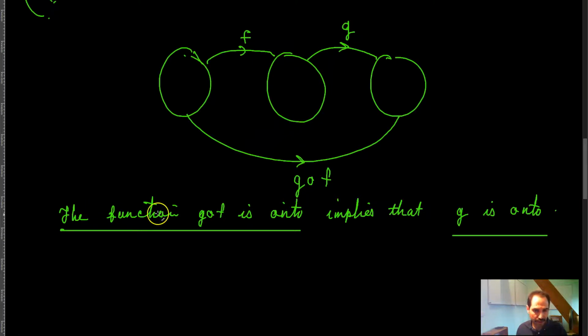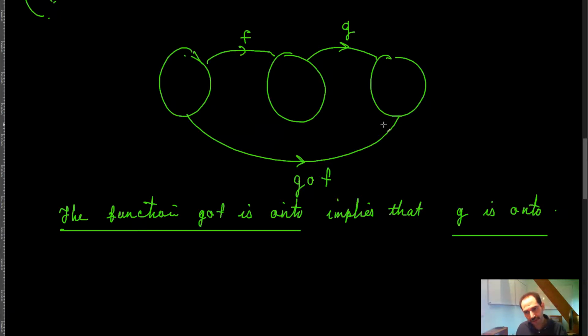Suppose that g∘f is onto, then f could be onto or it could be not onto. I don't know that, because in some cases it could be onto, in other cases not onto. But if I know that g∘f is onto, then g is necessarily onto.